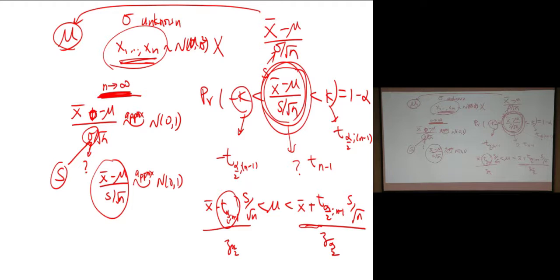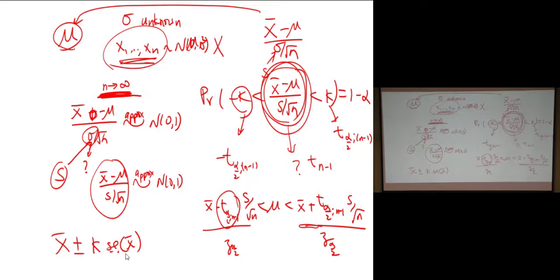So sigma known, we have a formula for that. And when sigma is not known, we replace it by the estimate, using the sample standard deviation to estimate it. All right? So basically the formula always looks like this: plus or minus a constant times the standard error of x bar.